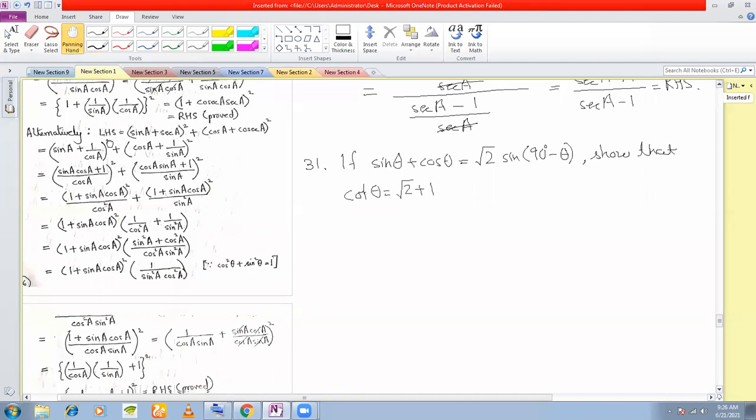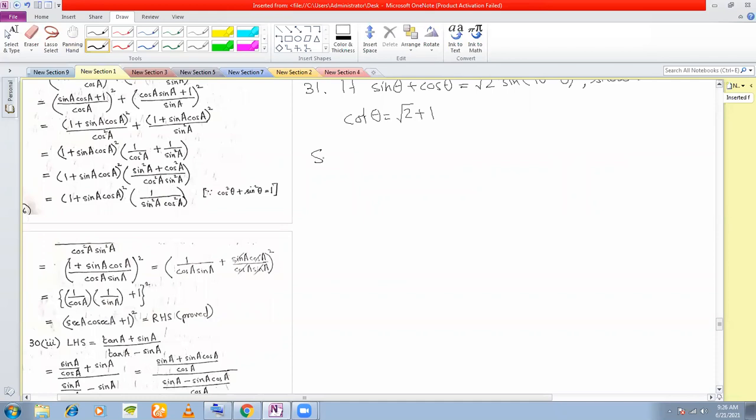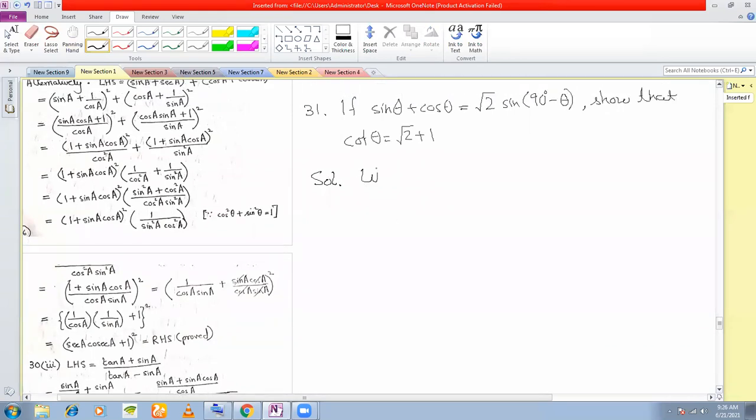Okay. So whatever is given here is given in terms of sin theta and cos theta. So let's write what is given here. We have sin theta plus cos theta is equal to root 2 sine 90 degree minus theta.